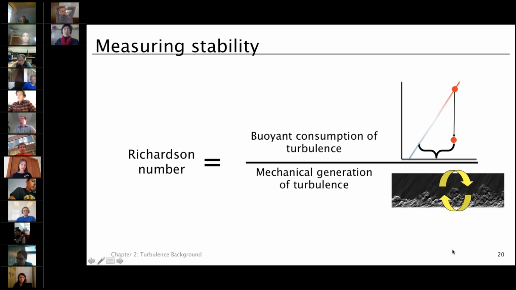How much wind is there that's really causing mixing and turbulence? And you can imagine that if the wind is strong enough, it doesn't matter how stable it is, you're going to just mix things through because you blew really, really hard, right? But if the wind is somewhere in the middle, maybe not, right? Maybe that warm air might just go right over a cold, stable boundary layer. And so when SUMMA says they have all of these stabilities parameterized as a function of the Richardson number, this is what it means.